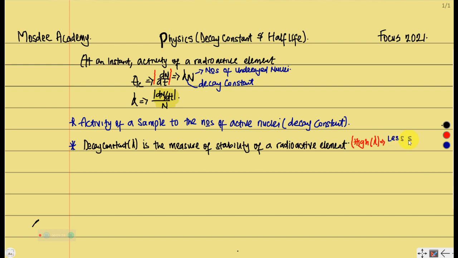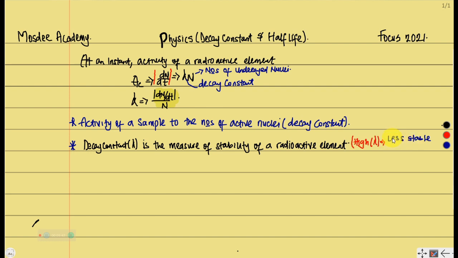We talked about that in the previous slide about examples of radioactive elements, the introduction, and the decay equation. So when talking about stability, we use the decay constant, and when there is a high value of lambda, the particular radioactive element will be less stable.